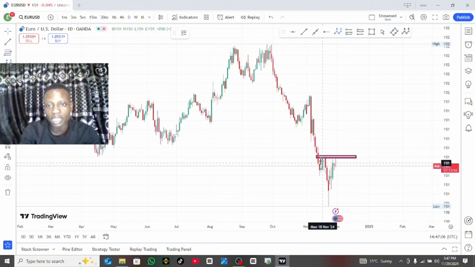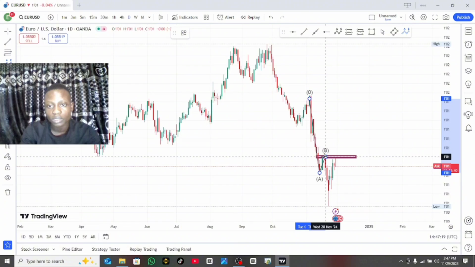As the market comes like this, it is an impulsive move to the downside. A little retreat, this is the last higher low, then a lower low, then it comes up here. This is the resistance level that is holding the market now.